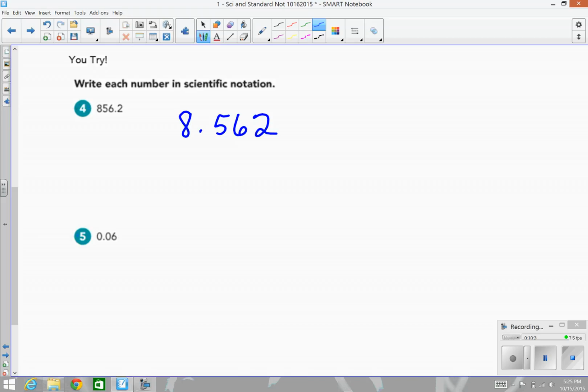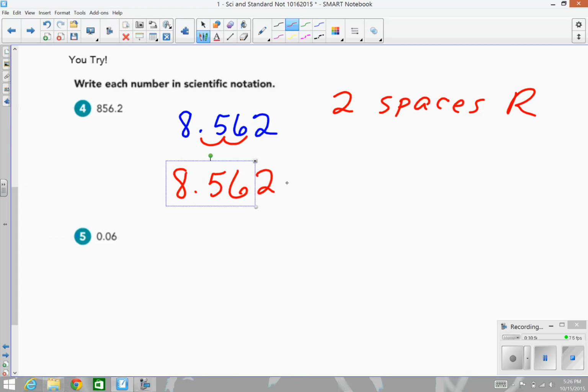When I look at this, in order to get back to where I started, I would be moving the decimal 1, 2 spaces. So my exponent will be 2, and I would be moving to the right. Right indicates a positive, so my final answer here should be 8.562 times 10 to the second power.